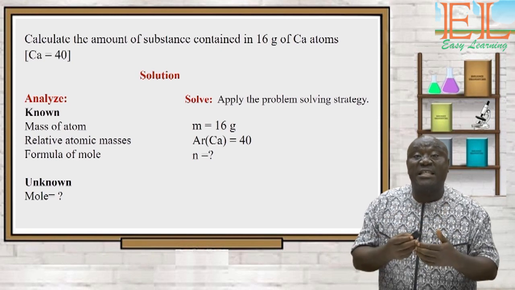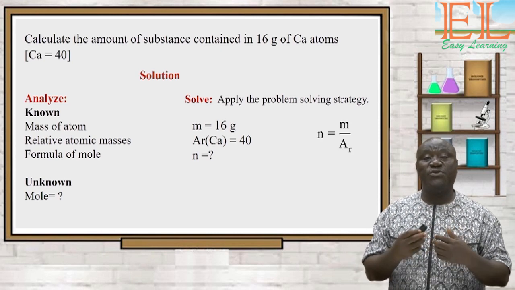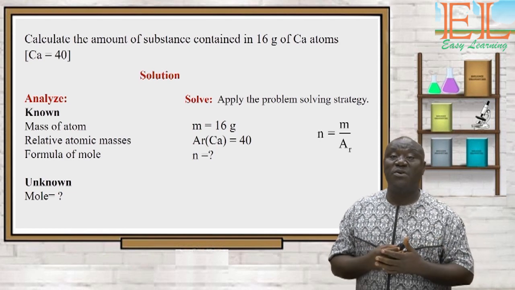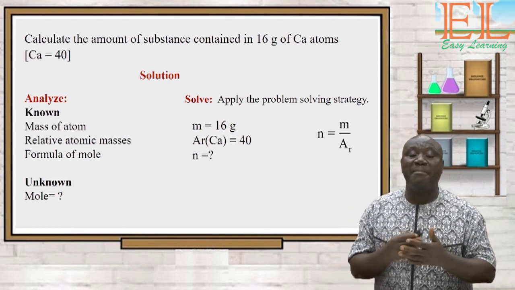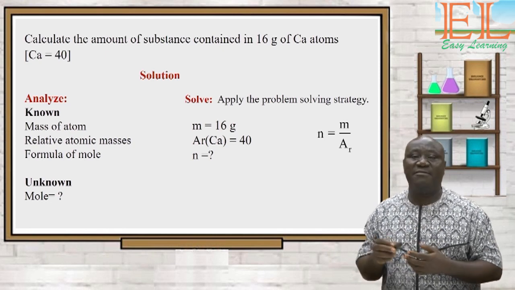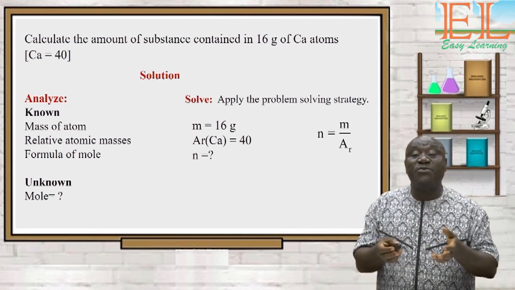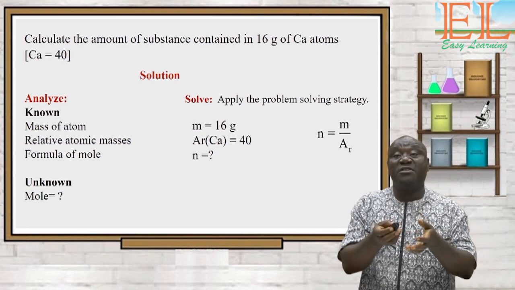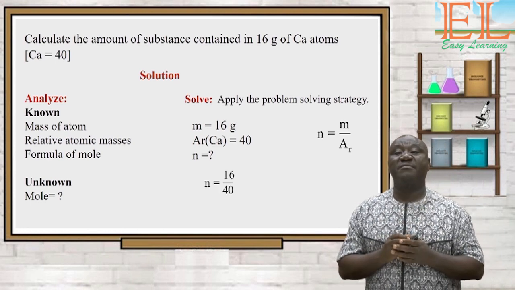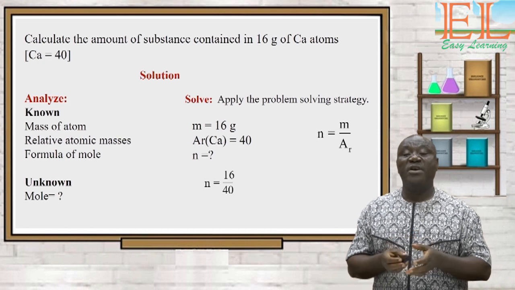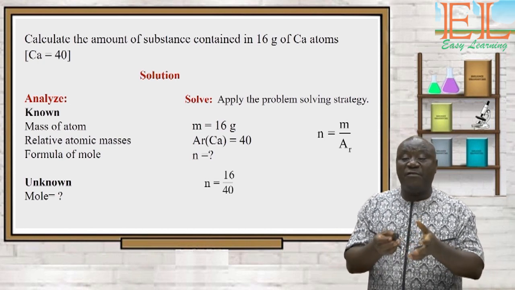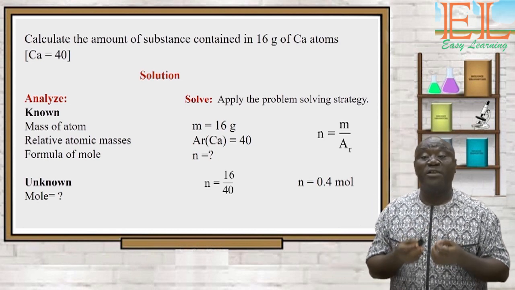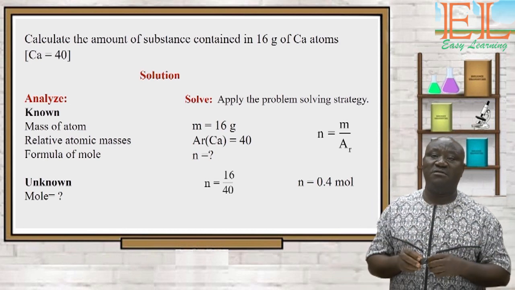So we need to state the formula that we are going to use. By definition, n is equal to lowercase m divided by Ar. When we substitute the values into the equation, we will get the expression on your screen. Then, when you solve it, you will arrive at n is equal to 0.4 moles.